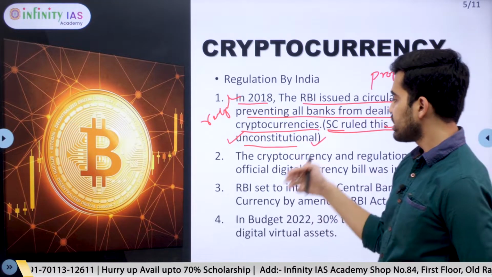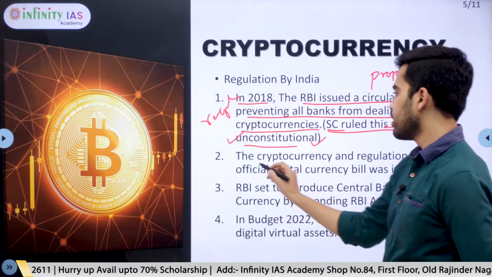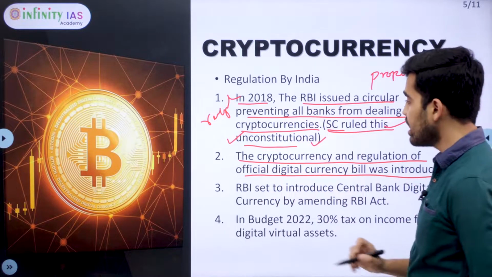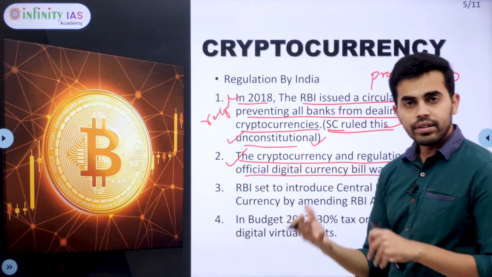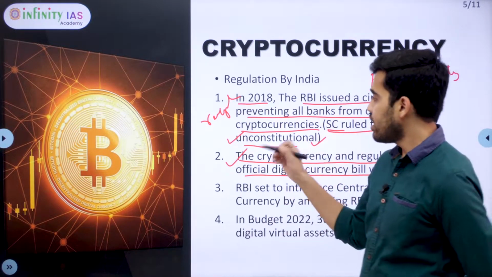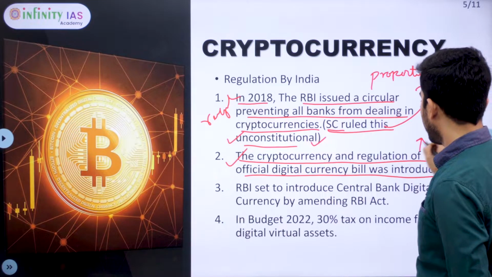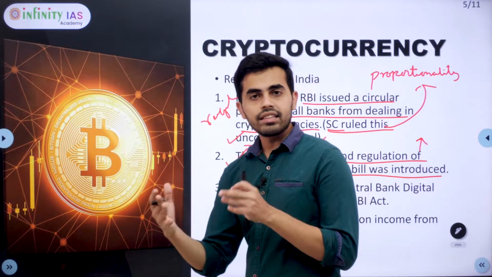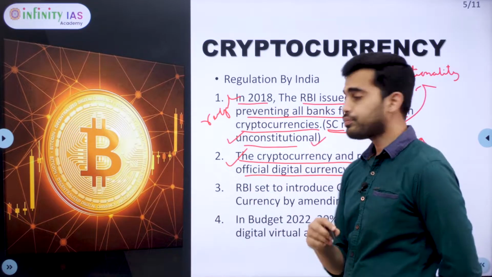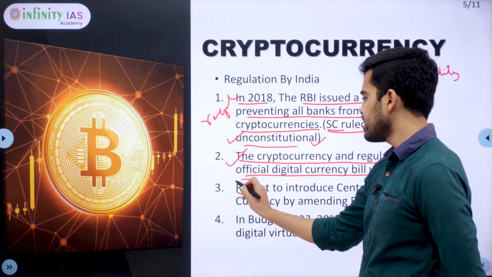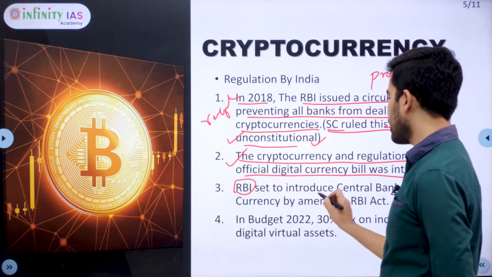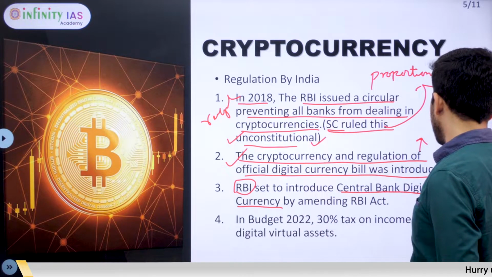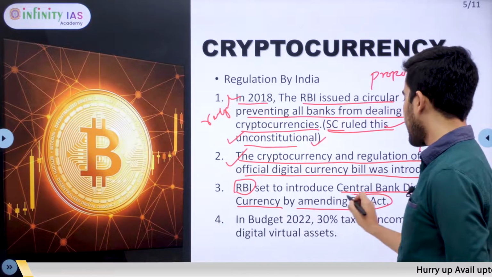After this, the government of India tried to bring a bill, the Cryptocurrency and Regulation of Official Digital Currency Bill. In this bill, the government tried to regulate the use of cryptocurrency and also planned on introducing a digital currency by the RBI, as in by the government of India. We have already seen that there are steps being taken by the RBI to introduce a central bank digital currency, CBDC, by amending the RBI Act.